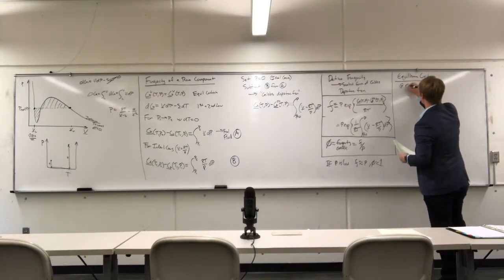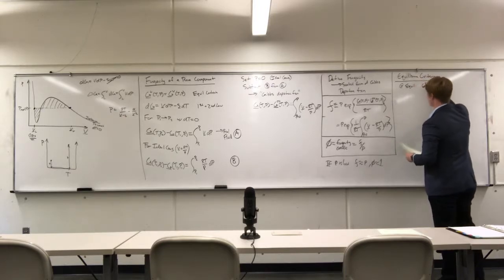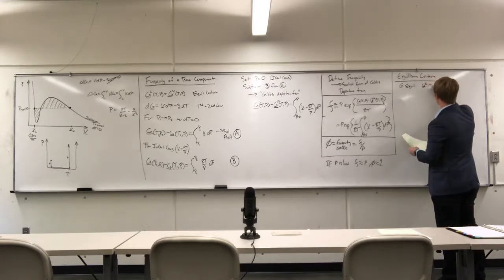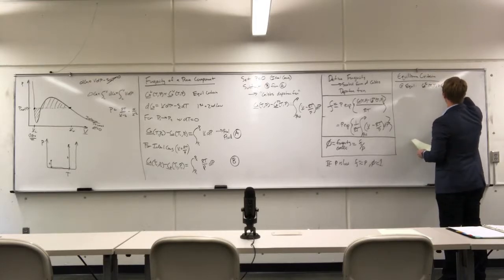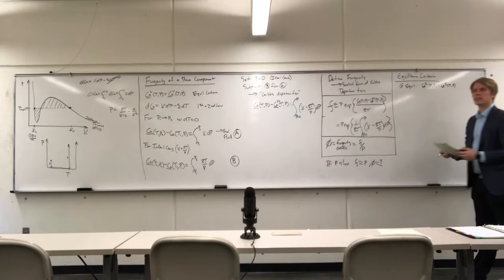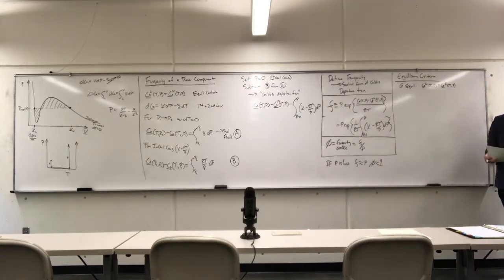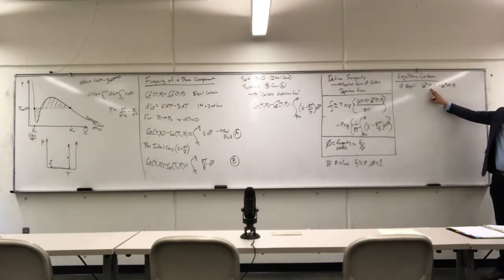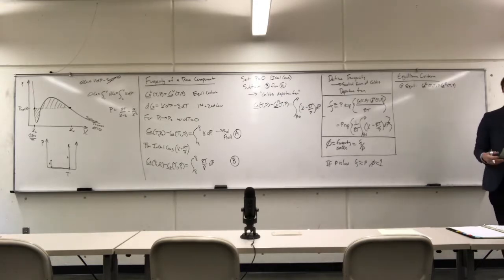So at equilibrium, the Gibbs free energy of phase 1 at some temperature and pressure is equal to the Gibbs free energy of phase 2 at some temperature and pressure. And that's how we know that we're in chemical equilibrium. We also know that at chemical equilibrium, temperature and pressure across the phase has to be the same as well. That's our thermal and mechanical equilibrium criteria.